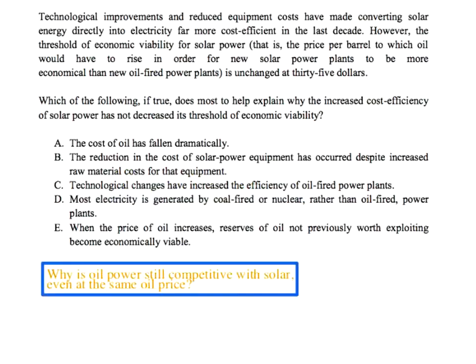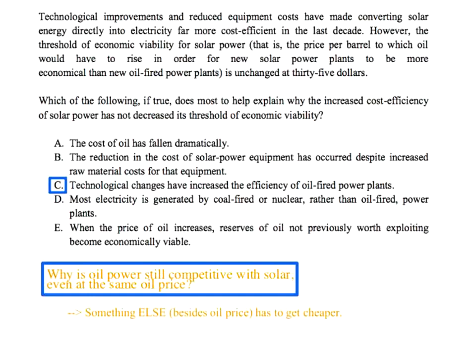Here's the issue. Why is oil power still competitive with solar even at the same oil price? We need something else besides oil prices. It has to be getting cheaper, because we know that oil prices don't have to get cheaper. That would mean this is the only choice that explains that.